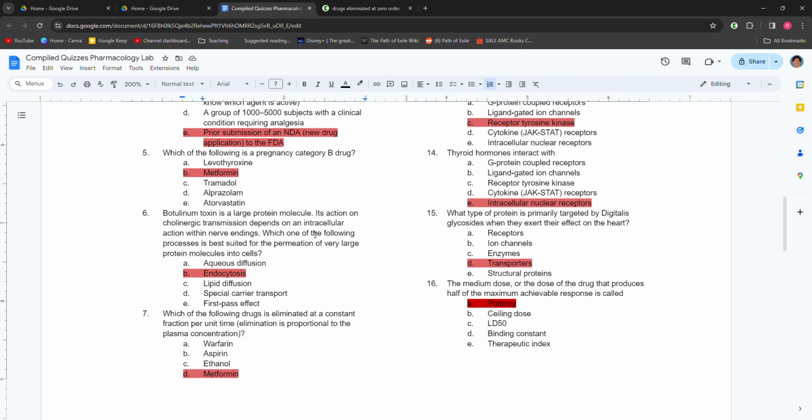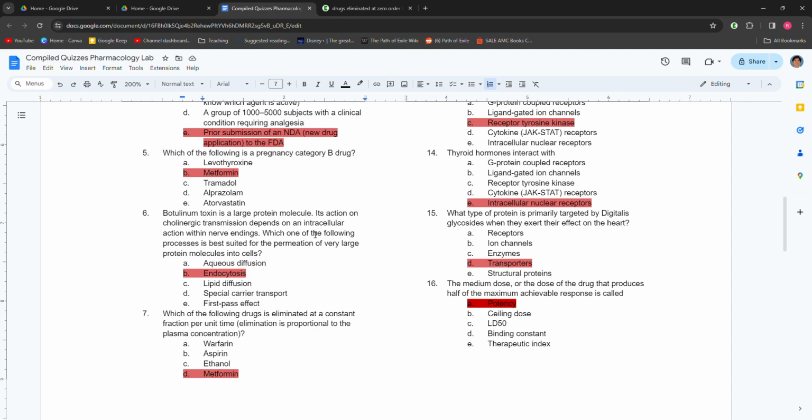Number 5, which is pregnancy category B? That's metformin. So pregnancy category B means the drug is safe in human subjects, and there are inadequate studies in animals to determine the safety during pregnancy. But because it is already deemed safe in human pregnant subjects, then that will qualify the drug as category B. So metformin is like that.